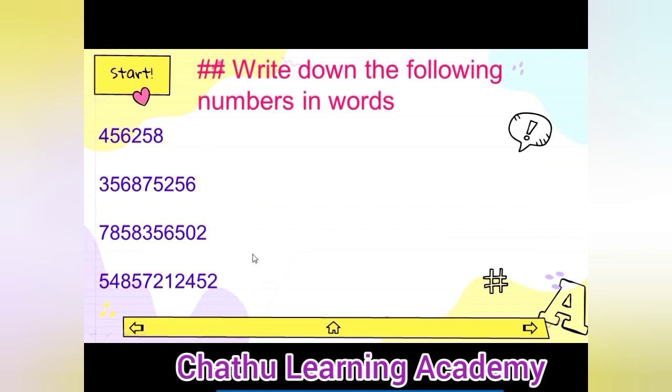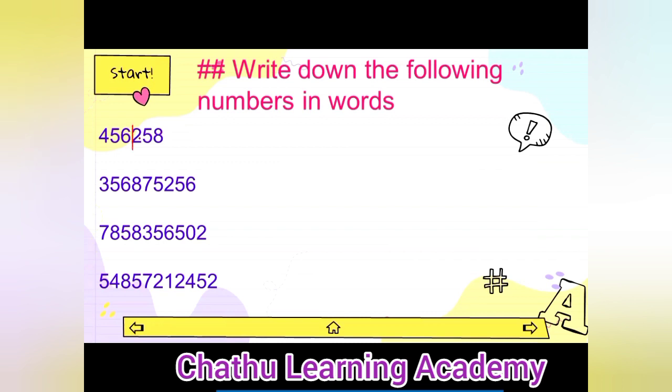Now I have given another 4 numbers to write in words. Now I will explain one by one. I think you can write these numbers in words by yourself. Look at the first one. Here we want to separate this number from the right side. 1, 2, 3.